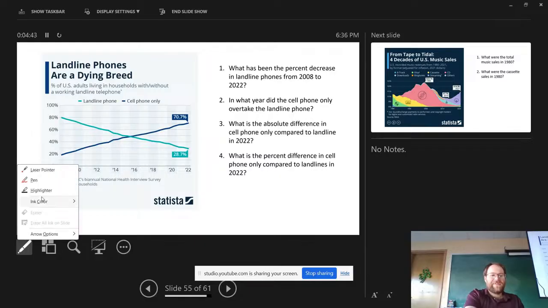What was the percent decrease from 2008 to 2022 for landline phones? So landline phones are that color in 2008. So what percent of people had them? 80. So think old value is 80.